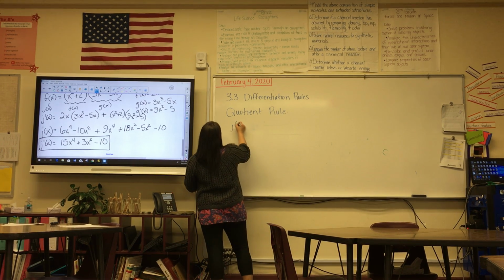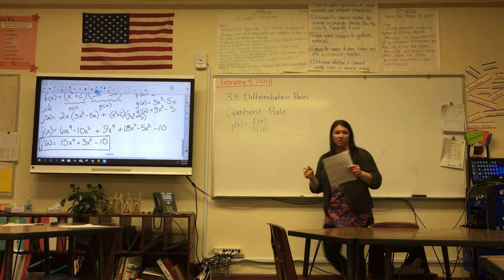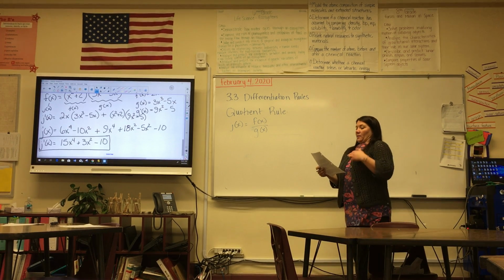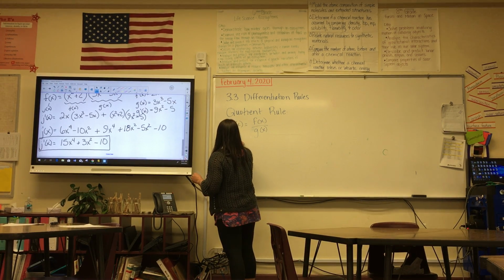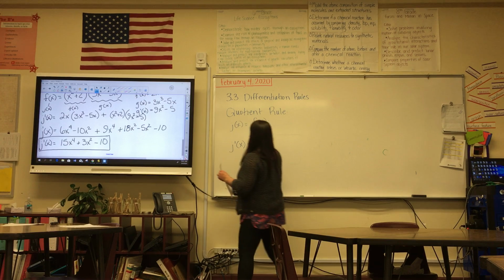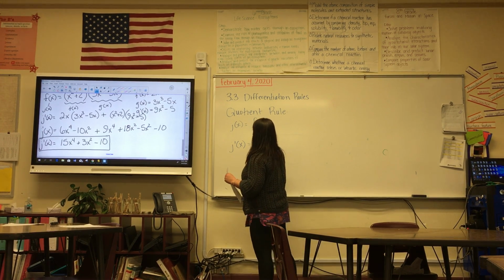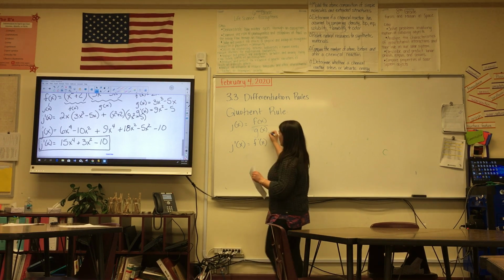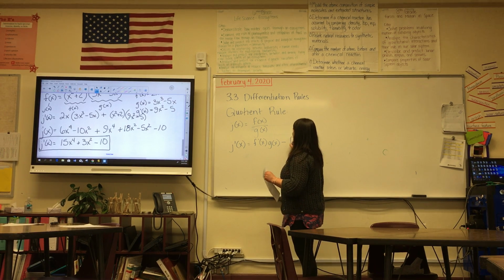Okay, so that means if you have a function that is a function divided by another function, so f of x divided by g of x, as you would expect, the derivative is going to be the derivative of the numerator, so f prime of x, times the denominator, minus the numerator times the derivative of the denominator.